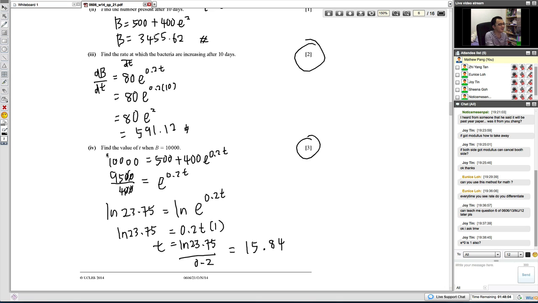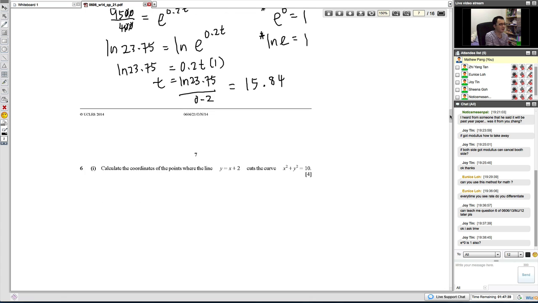Because sometimes if the exam asks to find the number of days, then maybe you have to round off to 15 days. Alright. e power of 0 equals 1. Yeah, e power of 0 is equal to 1. You're right. But ln e is equal to 1 also. Okay, this is just some basic information. Make sure you know it because you always see questions like this in the exam. Alright, I will move on to the next one.